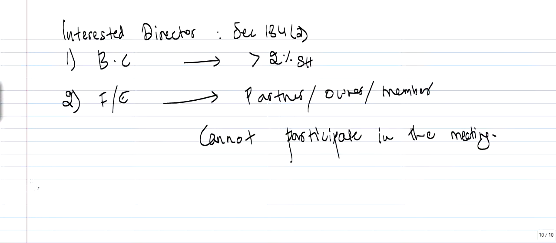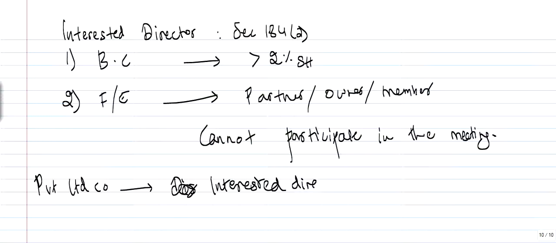So for a private limited company, interested directors will also be included for the purpose of quorum, right? But they have to disclose the interest before the meeting.